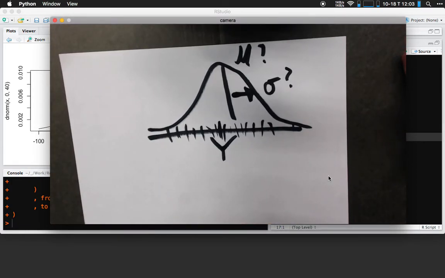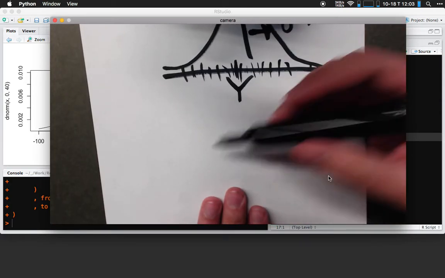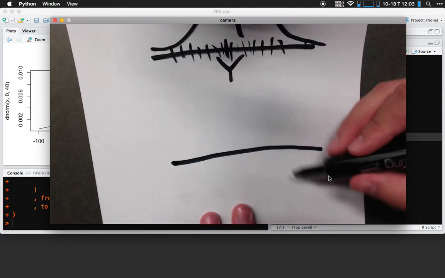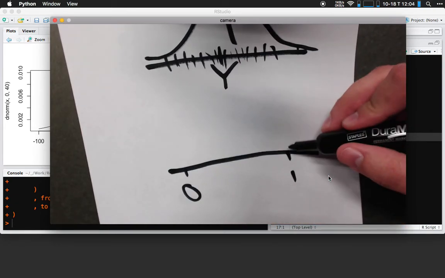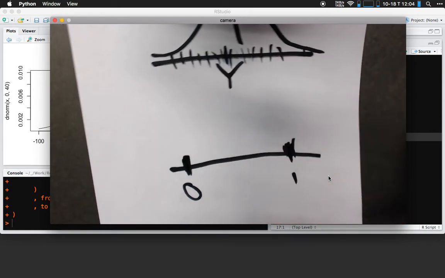But oftentimes we just have non-continuous data coming in. So for a given person, they just give you a 1 or a 0. If you have 0 here and 1 here, you get a bunch of people with 1s and then a bunch of people with 0s.